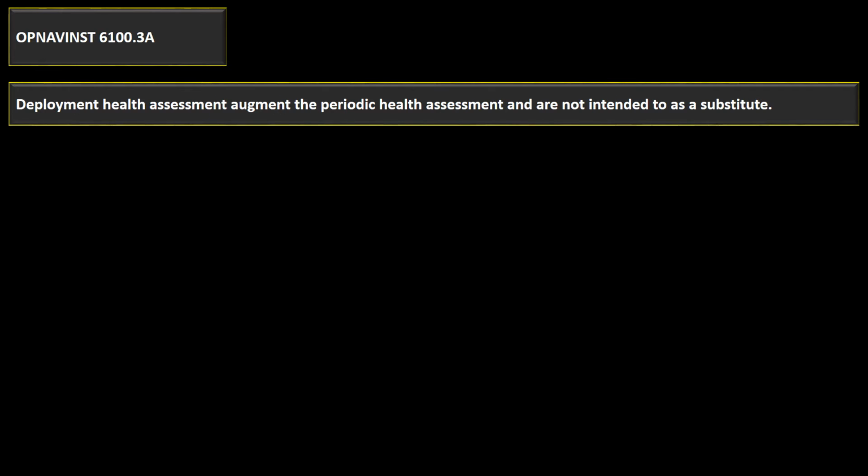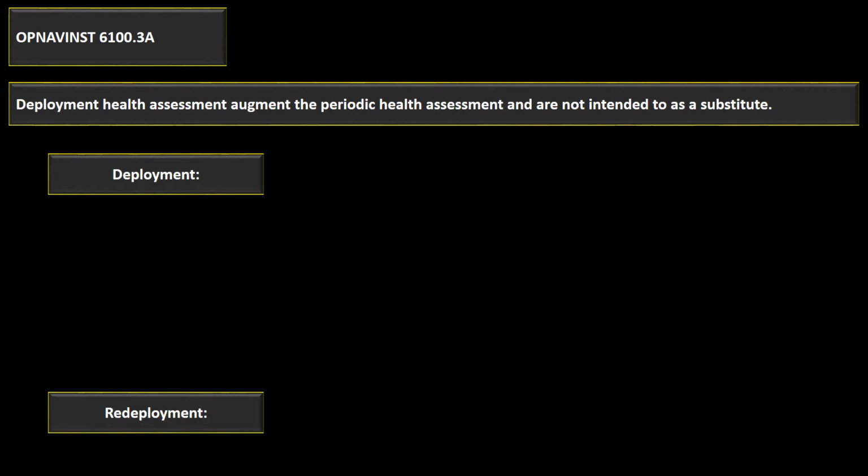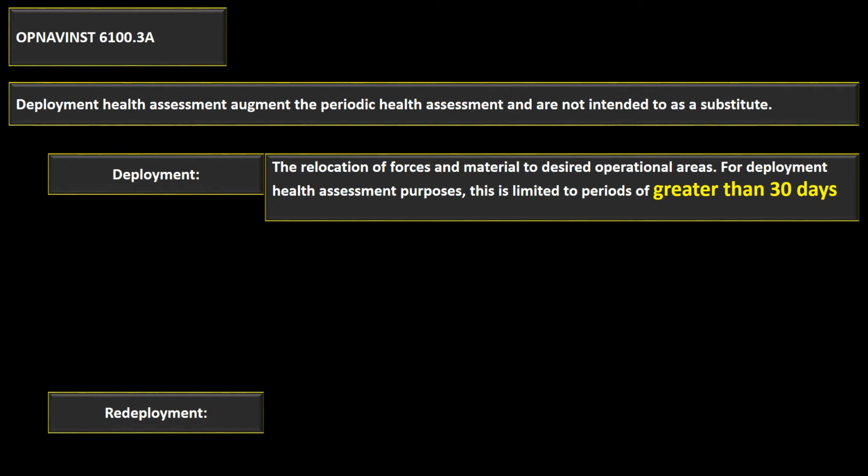But first, let's talk about a couple of terms related to the deployment health assessment process. We need to define what a deployment is, and we also need to define what a redeployment is. We're going to call a deployment a relocation of forces and material to a desired operational area. And for the deployment health assessment purposes, this has got to be a period greater than 30 days.